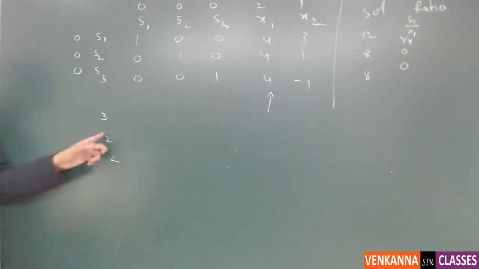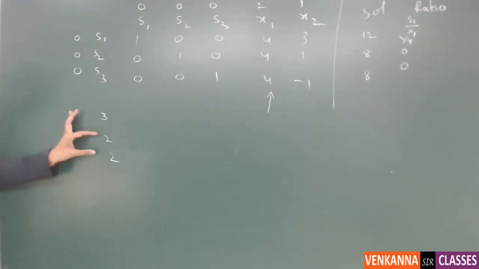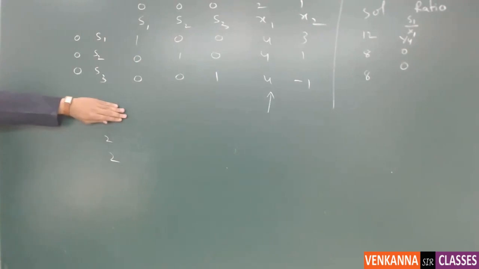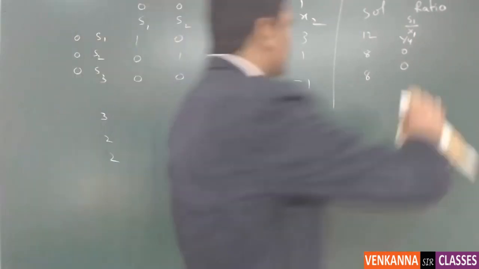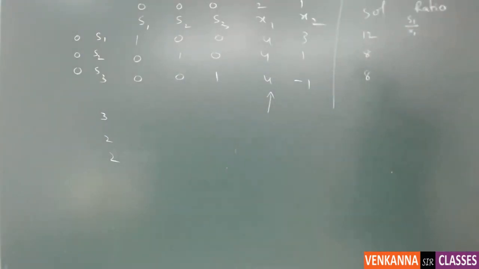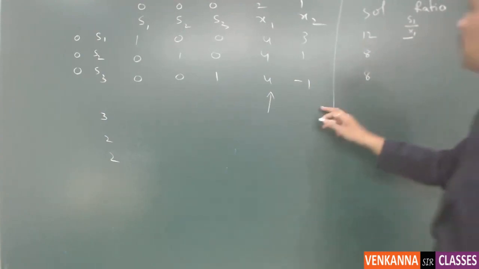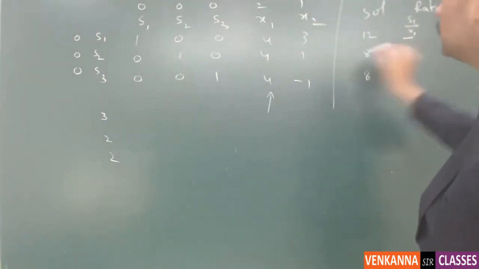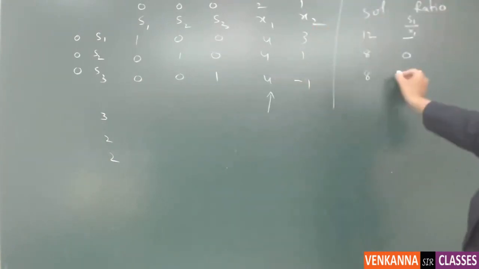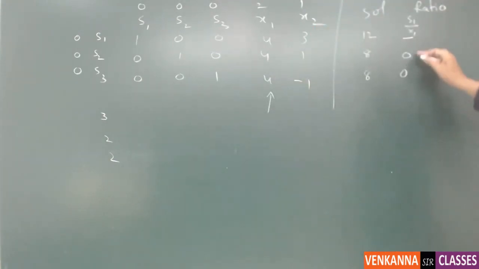You are going to set the minimum ratio. The tie happened here. So this ratio and corresponding division we are not considering. We are considering the division with respect to these two only. So I am writing the division case here, putting a dash here because in the first row I am not choosing. So here you are doing 0 by 4, it is 0, 0 by 4, it is 0, again you got a tie.